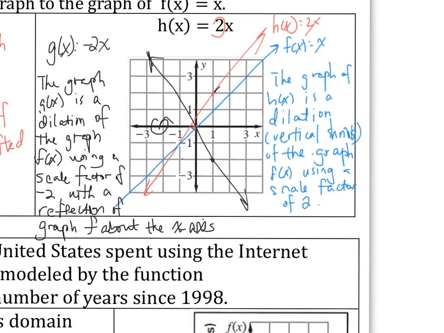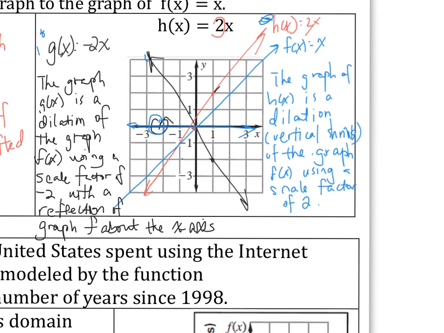So again, repeat. This is the mirror. The g of x was flipped around the x-axis to mirror h of x.